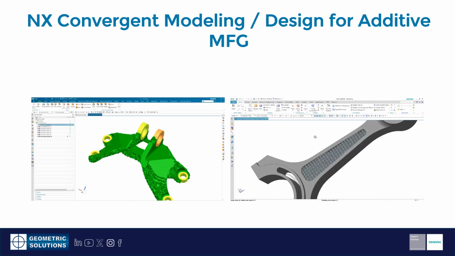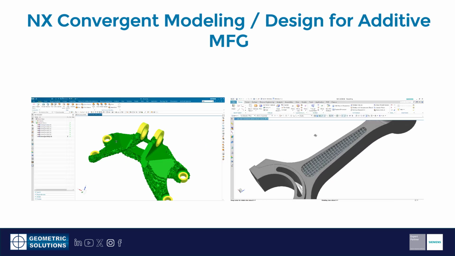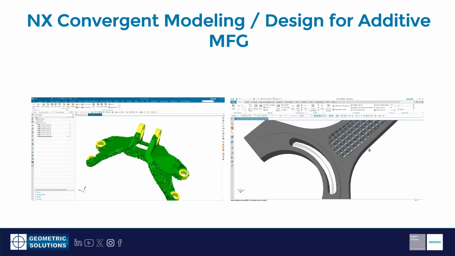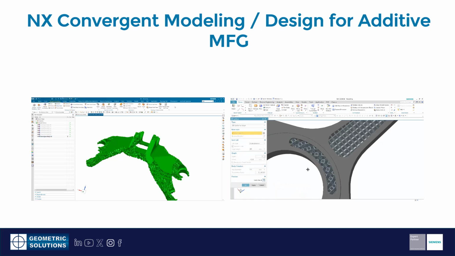Or what if we talked about a couple of other ones? Here we have convergent modeling. This is taking a laser scan, bringing it in, and then modeling over top of it, or even smoothing out those rough edges. Typically, we'll get a laser scan, and let's face it, it's usually not very good.